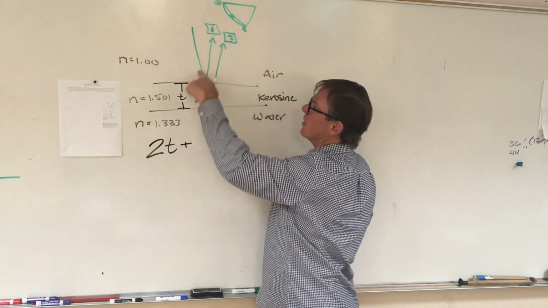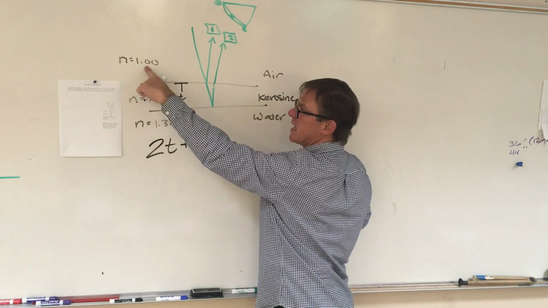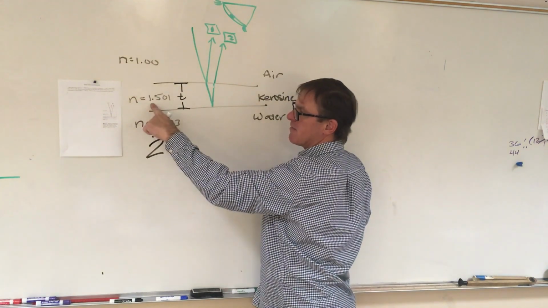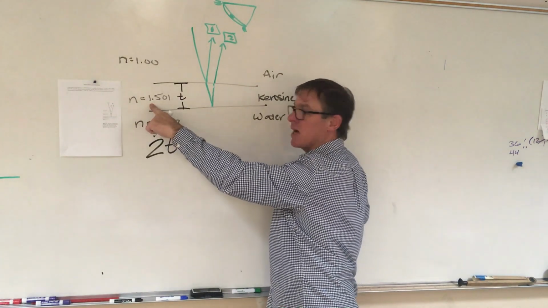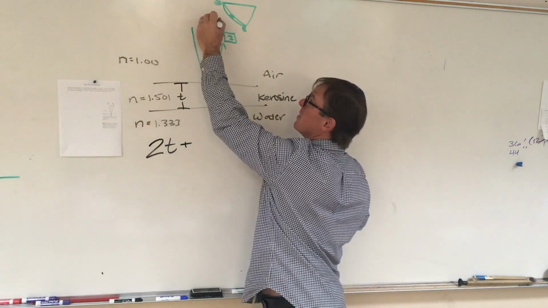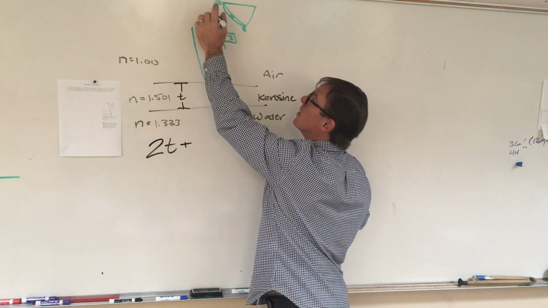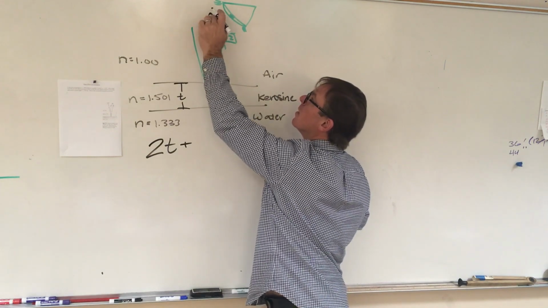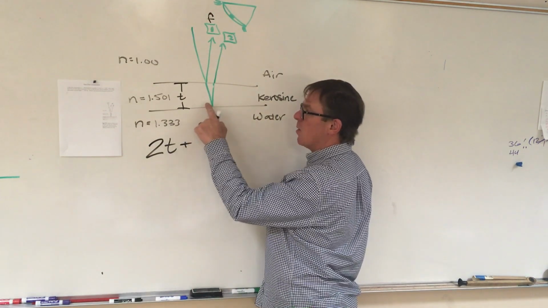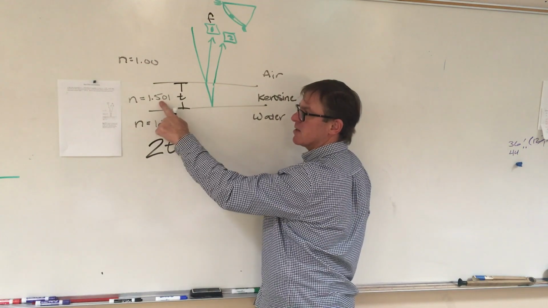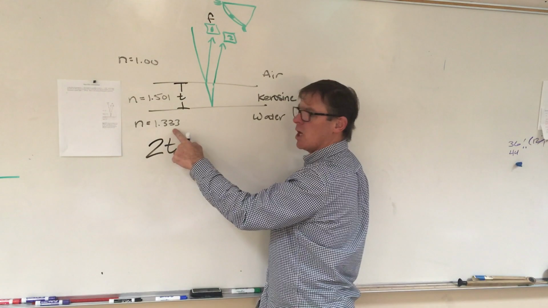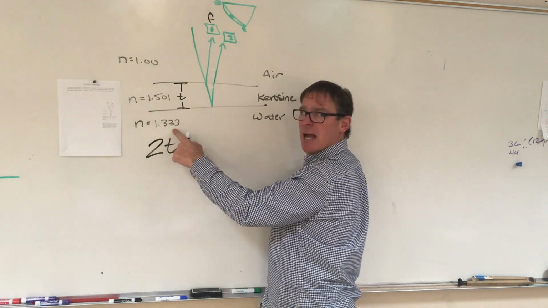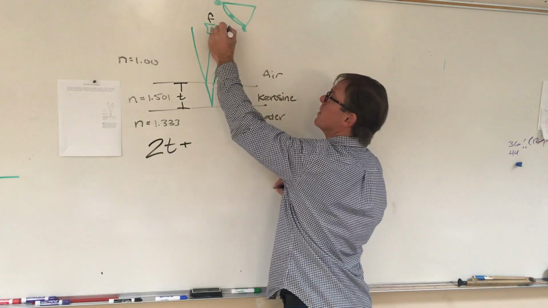Now, ray 1 was traveling in air whose index is 1, and it reflected off of a higher index of refraction, a media with a higher index of refraction. Ray 1 flips. Ray 2, however, was traveling in kerosene, 1.501 index, and it reflects off of a lower index of refraction media. It does not flip.